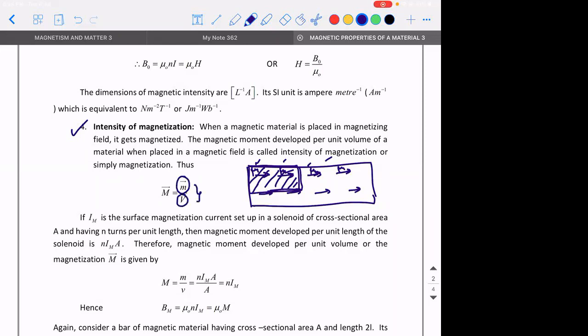That parameter is technically called intensity of magnetization, or in very simple terms, magnetization. That's it. This is a definition: the magnetic dipole moment developed per unit volume of a material when placed in a magnetic field is called intensity of magnetization, or simply magnetization.